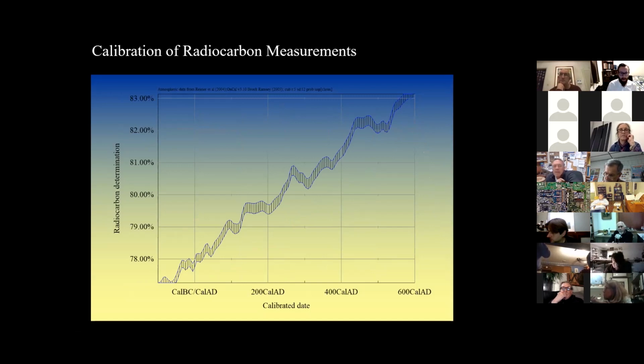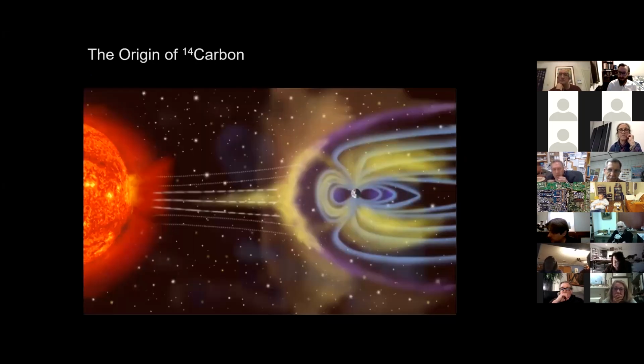All right. And you know, revealing these wiggles and squiggles through this process of dendrochronology and making measurements in trees has actually told us about the process of C14 generation.